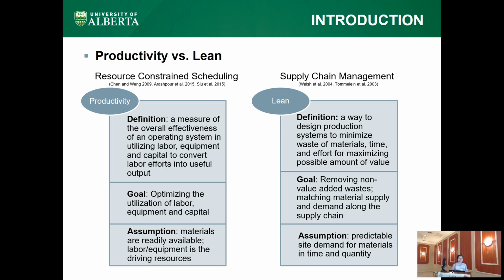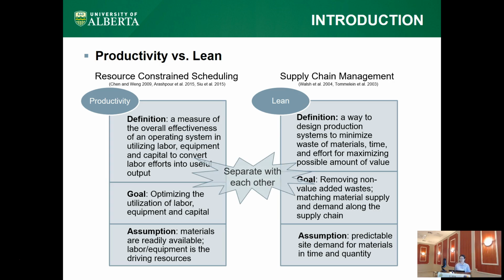This corresponds to two related topics. One is resource constraint scheduling, the other is supply chain management. For resource constraint scheduling, they assume the supply chain management can work properly, guaranteeing the materials are available when needed. But for supply chain management, they assume the resource constraint scheduling can tell them which materials are required at which time.